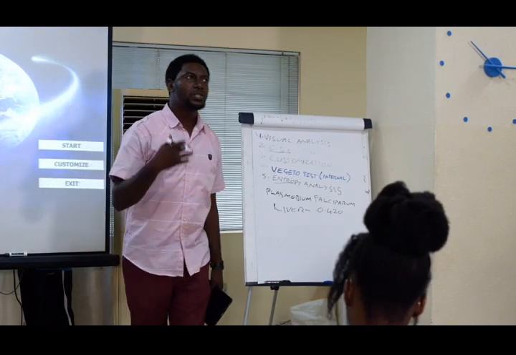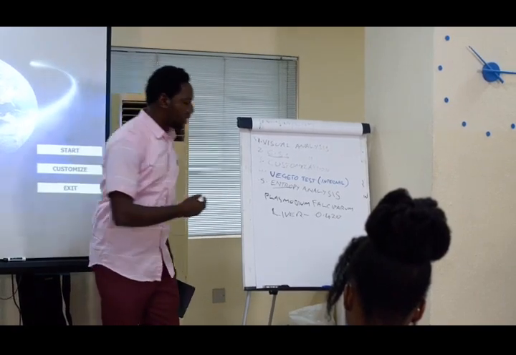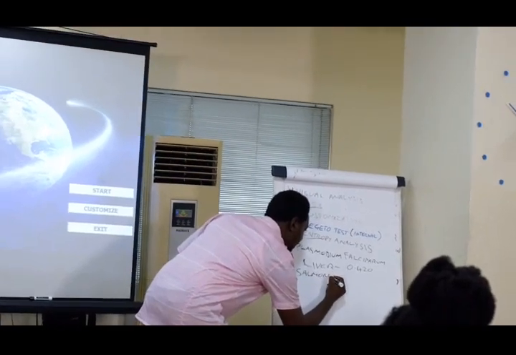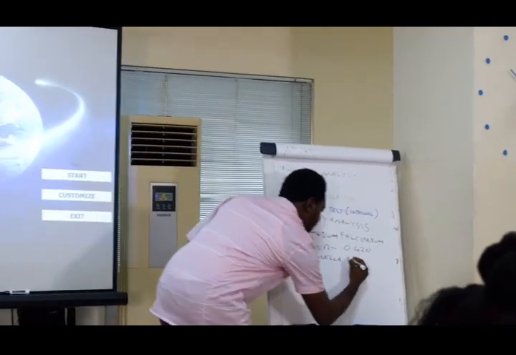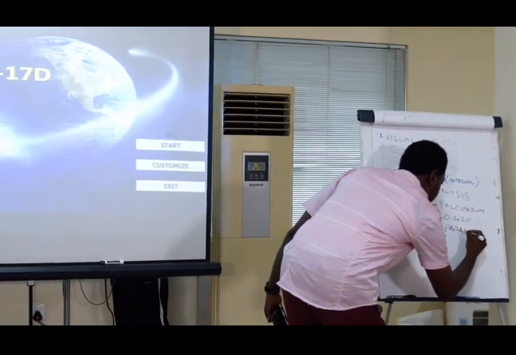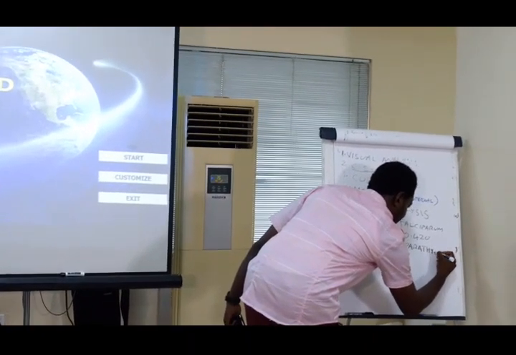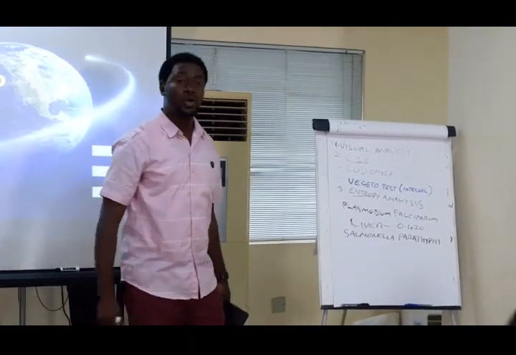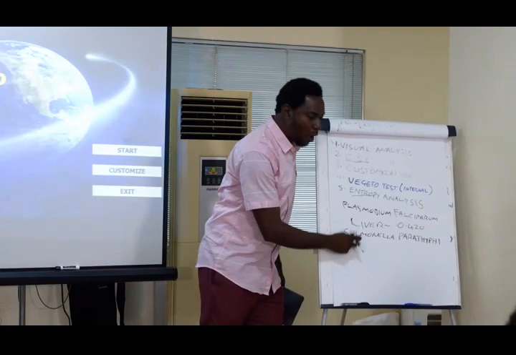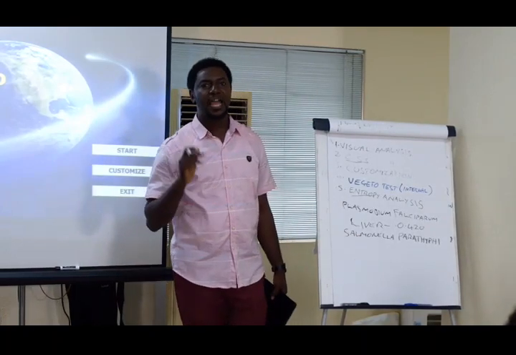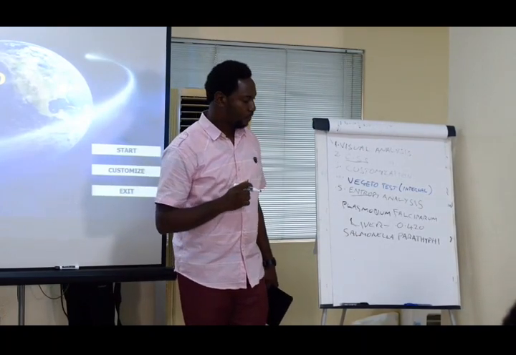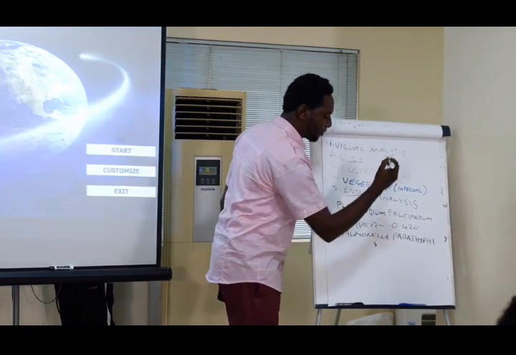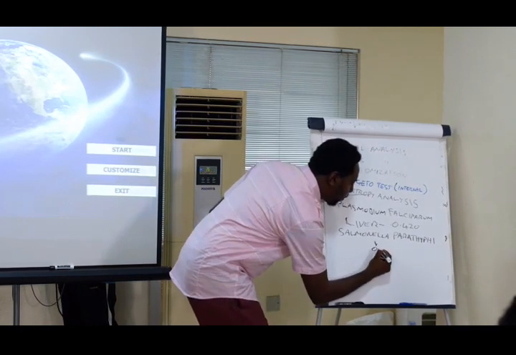Take, for example, Salmonella paratyphi. Now, this particular microorganism is responsible for typhoid fever in the body. And assuming they research it to have a frequency of 0.412.